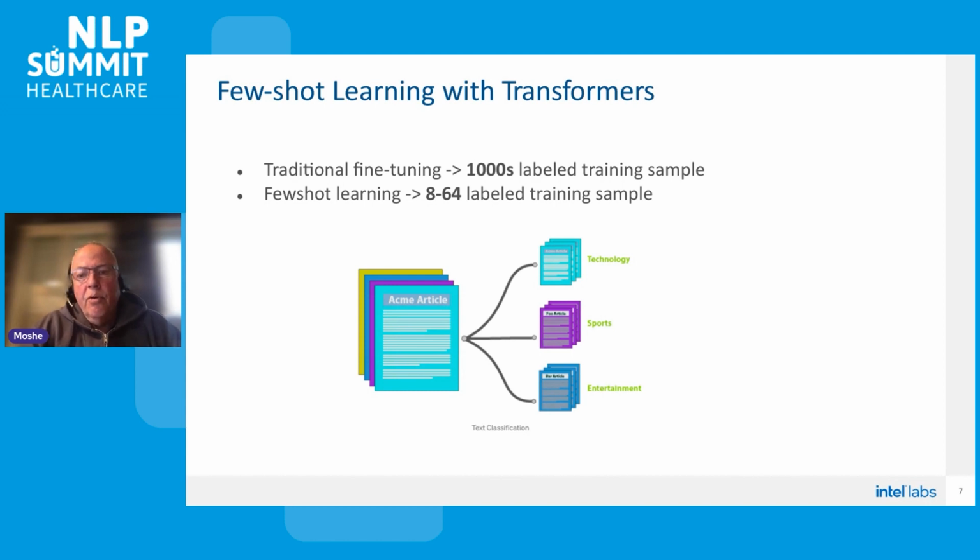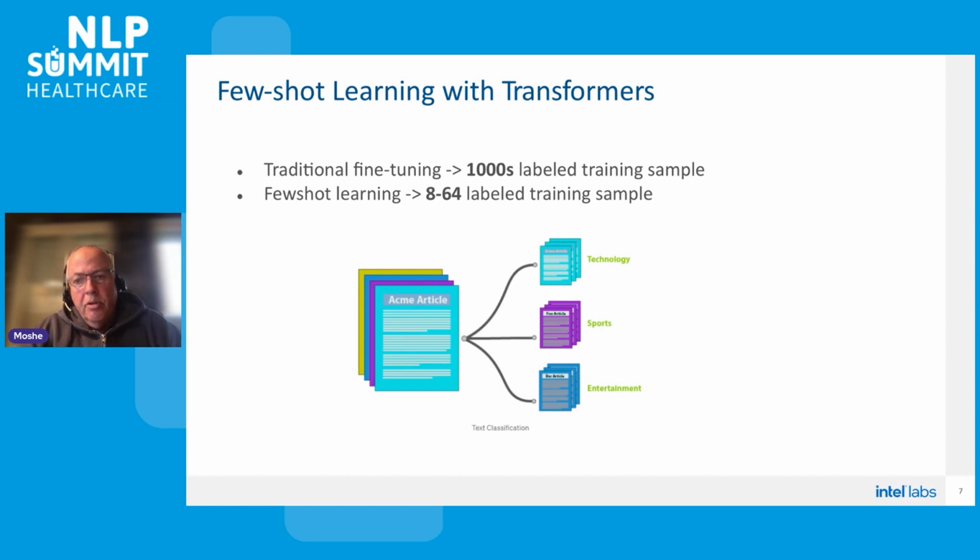The need for so many labeled examples is a major obstacle for organizations and companies because it's very time-consuming and costly to manually label those examples. And this prevents, of course, the deployment of NLP and AI in general in many companies.